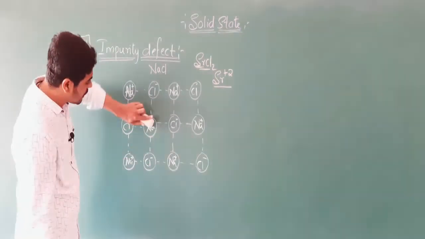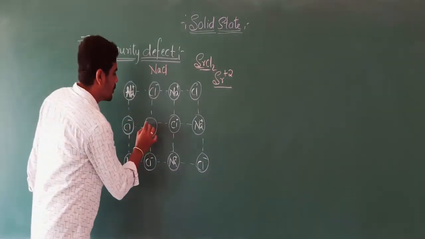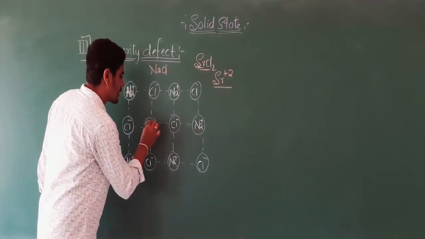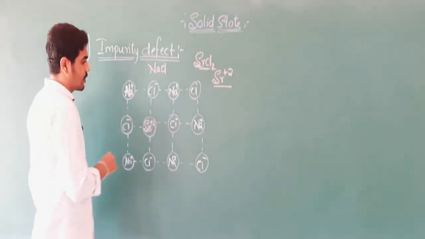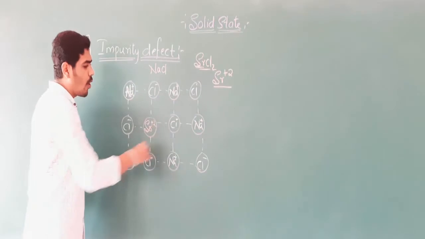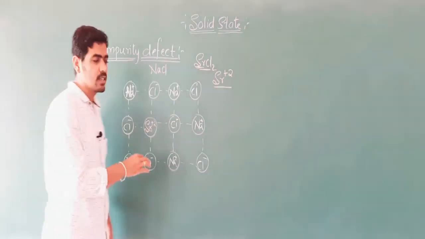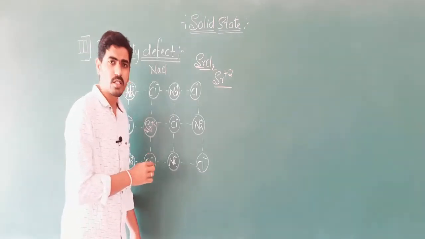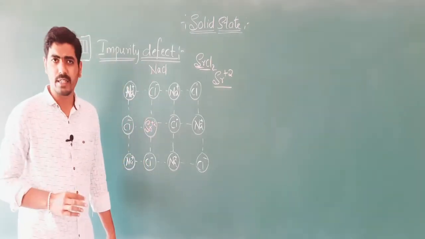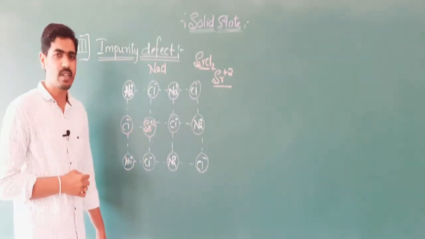So one of the Na+ gets removed, and in place of Na+, Sr2+ comes. Now if you observe this, along with the defect there should be the presence of what? The electrical neutrality.